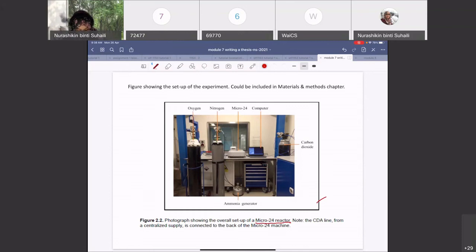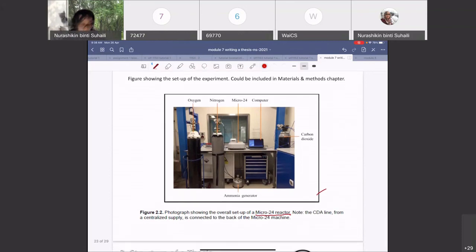This is my experiment from last time. So you can also snap pictures and put them in your materials and method, provided that the picture is important, not something like a picture of chemicals, that is not necessary. But the setup is important. Normally it's the setup or something related to the general view of your experiment.